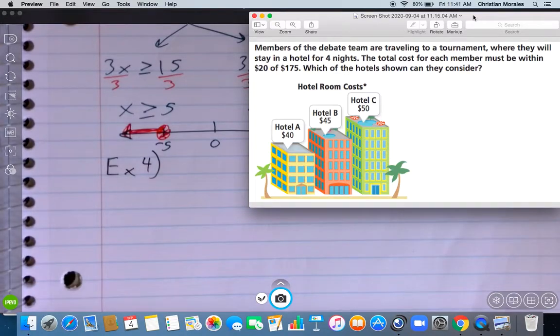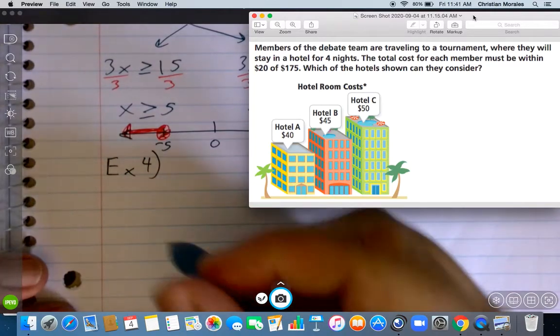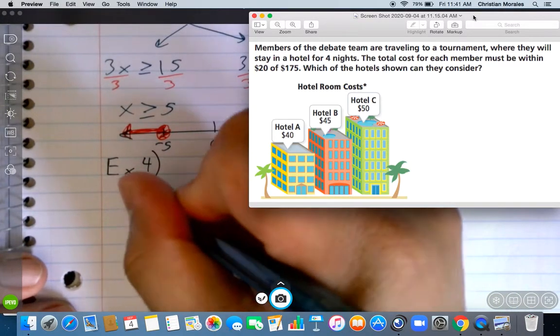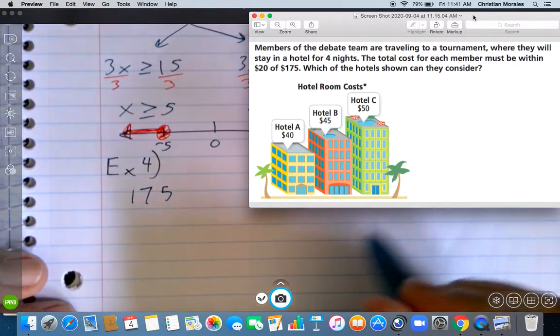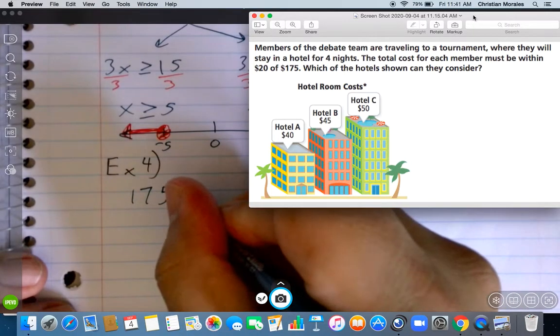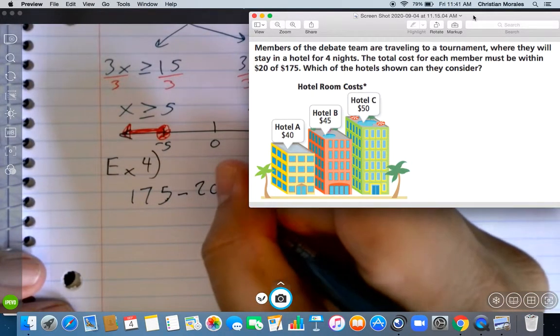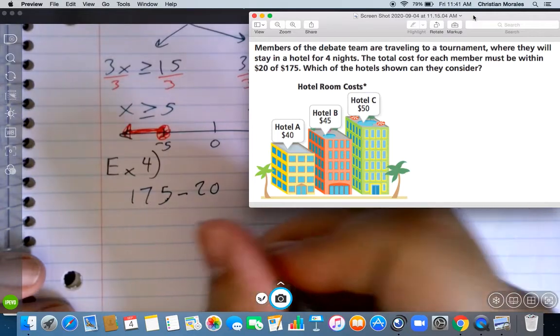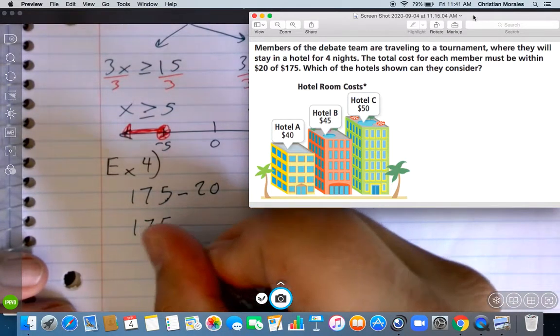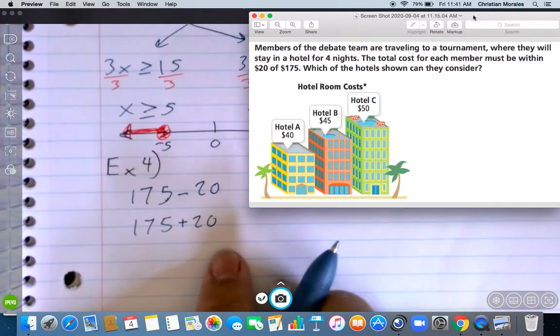I'm going to use the idea of the minimum amount and the maximum amount, what we were talking about last time. When they say within $20, what they're saying is 175 is the budget, but you can go below $20 from that, or you can go above $20 from that.